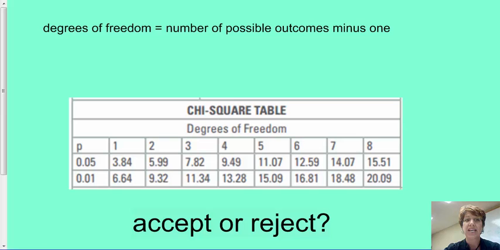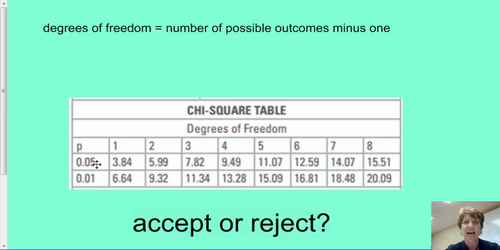So what I do is I first need to figure out degrees of freedom. Degrees of freedom means you take the number of possible outcomes. So I had heads and tails, 2 possible outcomes, and I subtract 1. So I have 1 degree of freedom. So here on the chi-square table, I'm looking at 1. This is the probability. It's called a critical value, and we use a probability of 0.05.